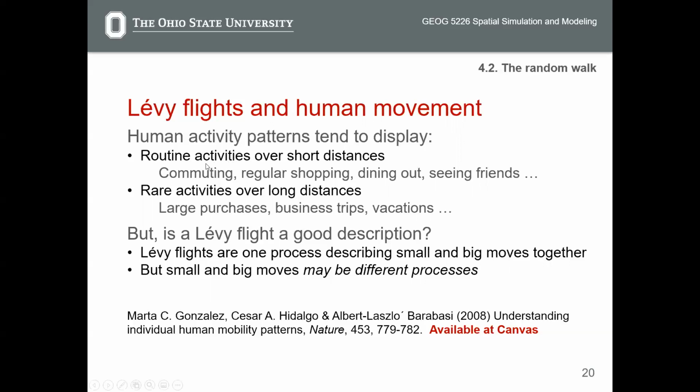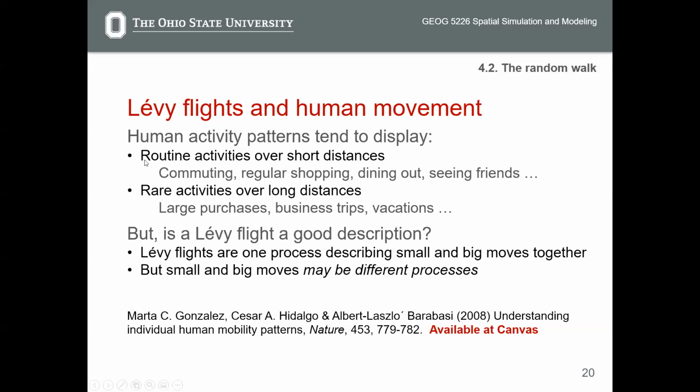Obviously, routine activities are short leaps, short steps. They exist because we need to survive. We need to eat, we need to work, we need to see friends. They are necessary. That's one thing. Rare activities are not necessarily necessary. For example, vacation. Of course, vacation is good, but you can still survive without it.